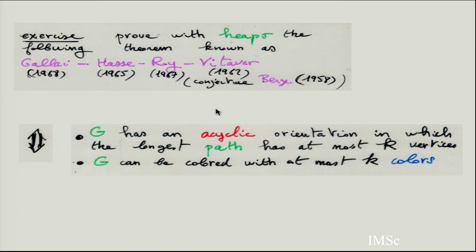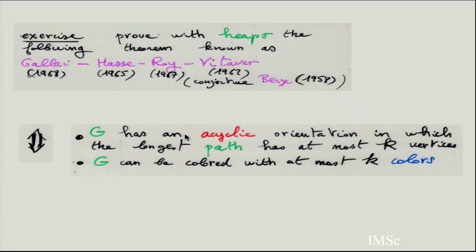There is a theorem I did not know before preparing this class, a theorem in graph theory, called the theorem of all these people. It was supposed to be a conjecture of Berge in 1958, and this theorem is the following: these two conditions are equivalent.